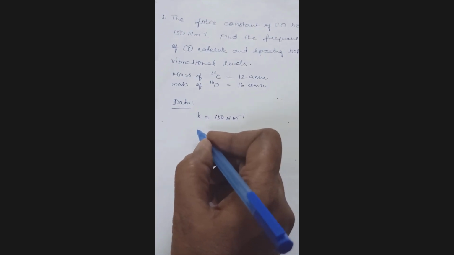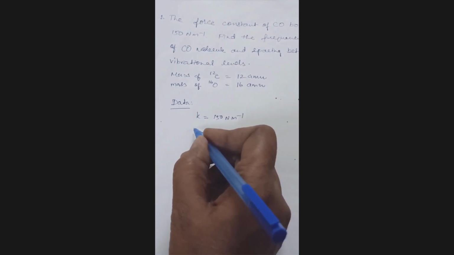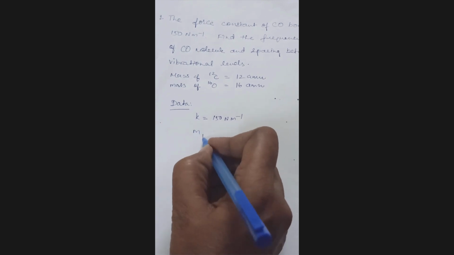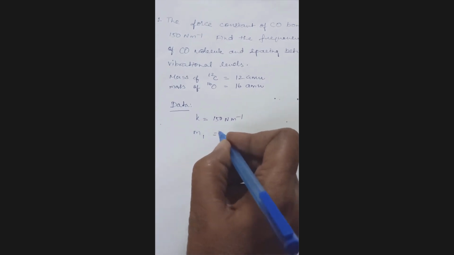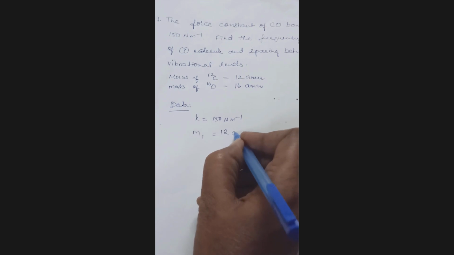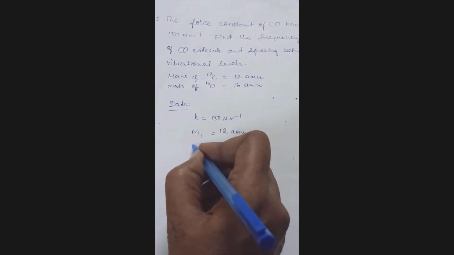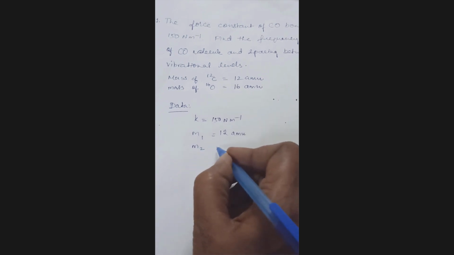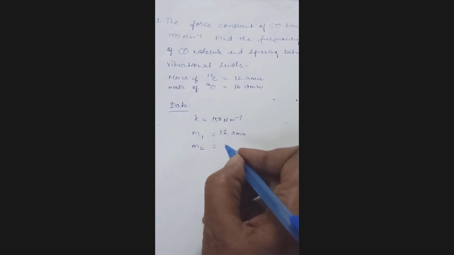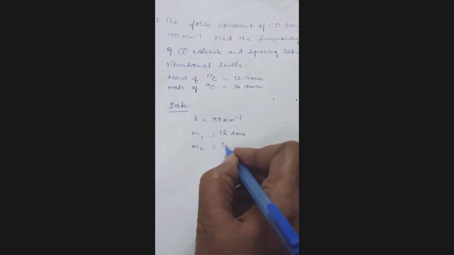Then mass of carbon 12, we'll call it as M1, that is equal to 12 AMU. Mass of oxygen 16, we call it as M2, that is equal to 16 AMU.